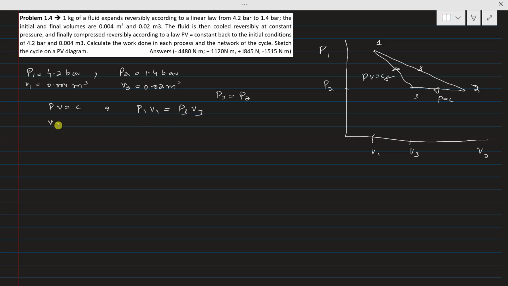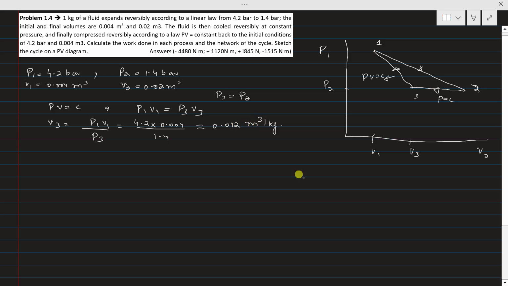So V3 is equal to P1 V1 divided by P3. What is volume V1? That is 0.004, divided by pressure P3, which is equal to P2, that is 1.4. Just solve this on the calculator and you will get its value, that is 0.012 meter cube per kg.